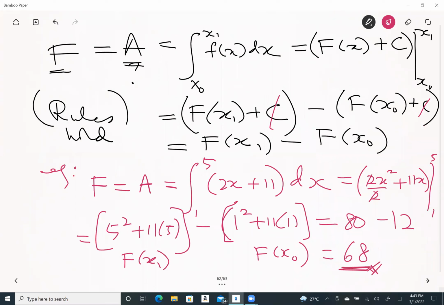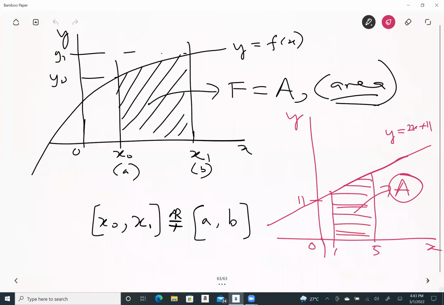If you remember, what is the unit for area? How do you get area? Area is length times width. Is that right? So the unit of area is unit squared.